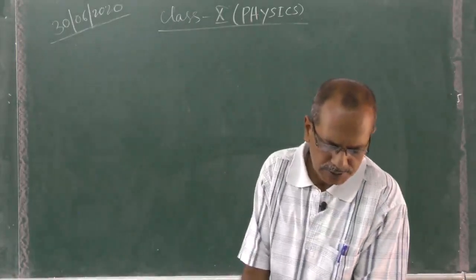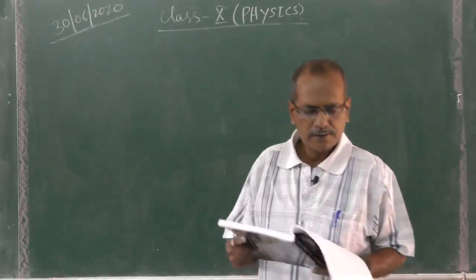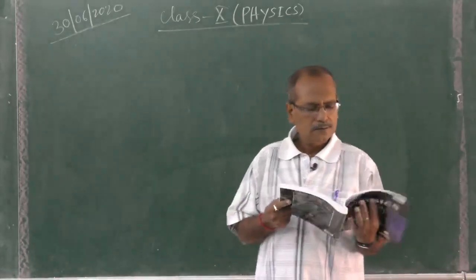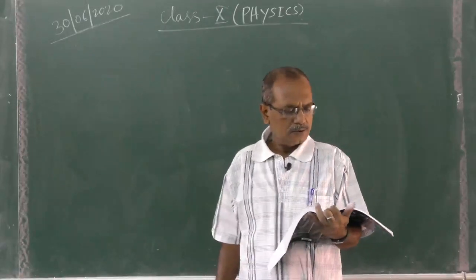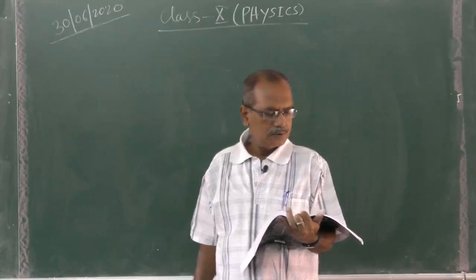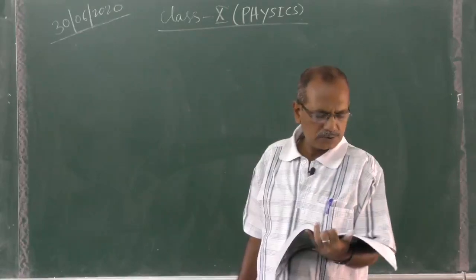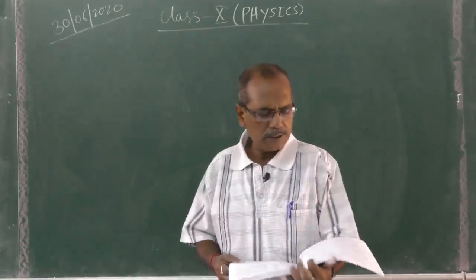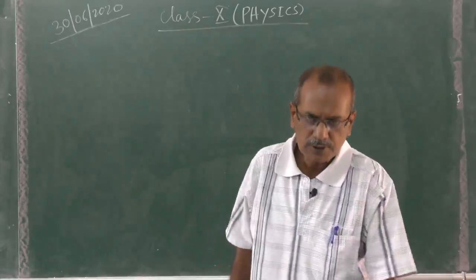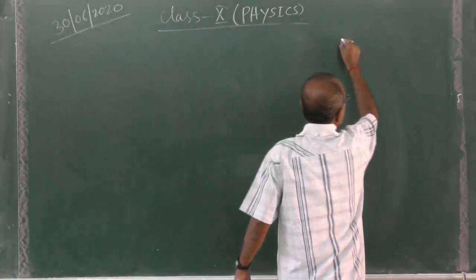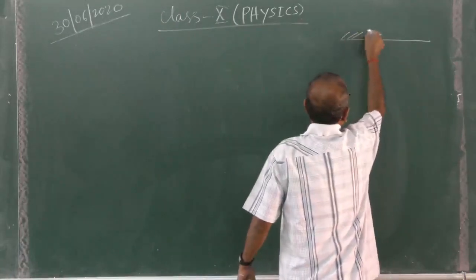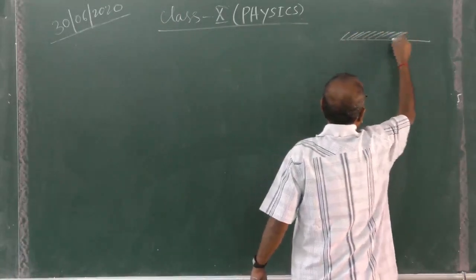Now question number 6 is saying here, draw a tackle to lift the load applying force in downward direction. Okay. So here 5 pulleys are given. So this rigid support must be there.